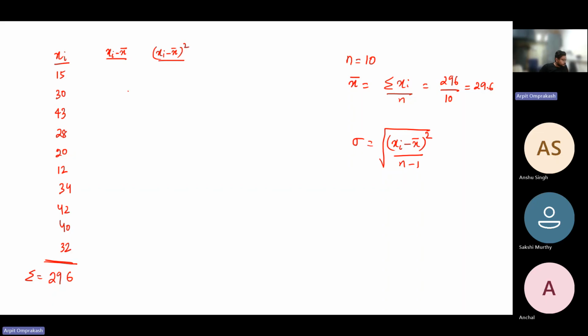We know x bar is 29.6, so we subtract: 15 minus 29.6 will be minus 14.6, then 0.4, minus 1.6, minus 9.6.